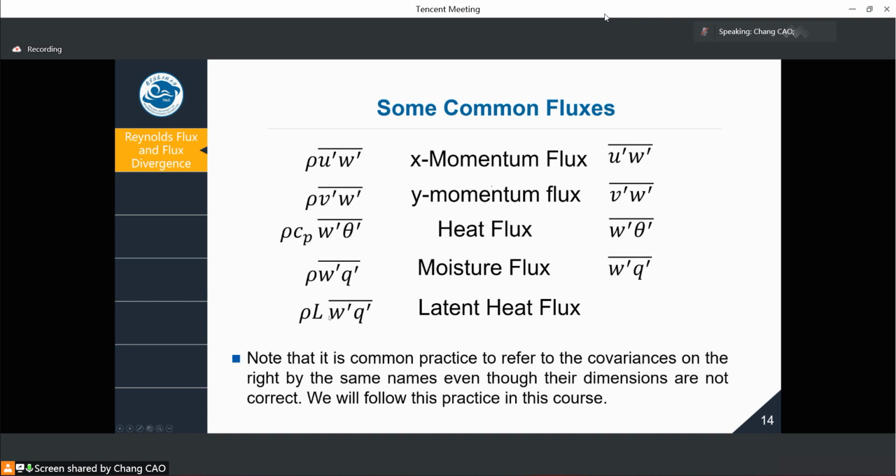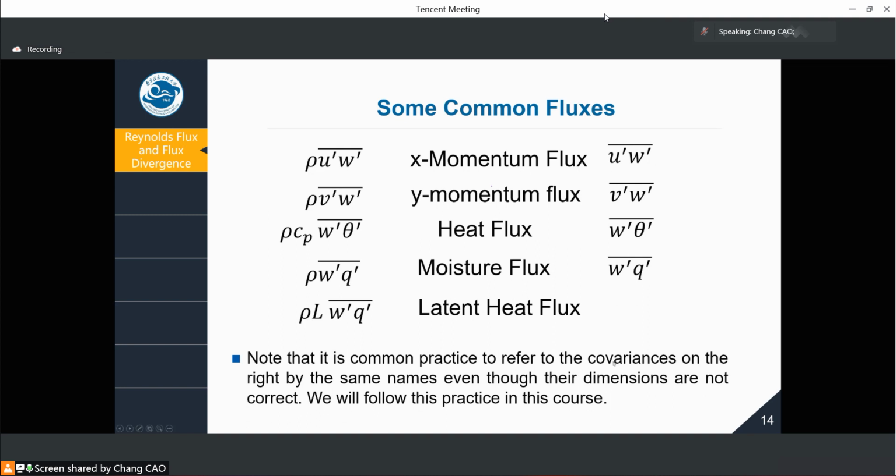That's because we want their dimensions to be right. But sometimes for simplification, we will just use the simplified fluxes here. For example, u prime w prime represents x momentum flux. v prime w prime represents y momentum flux. And w prime theta prime just represents the heat flux. And w prime q prime represents moisture flux.